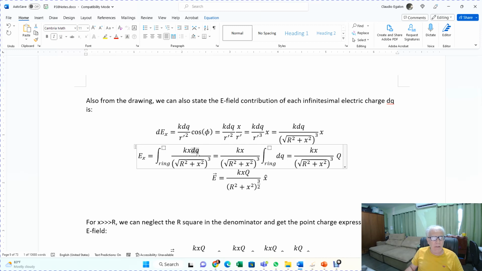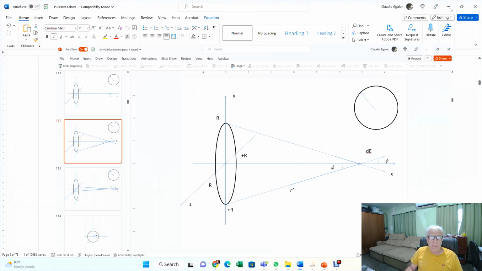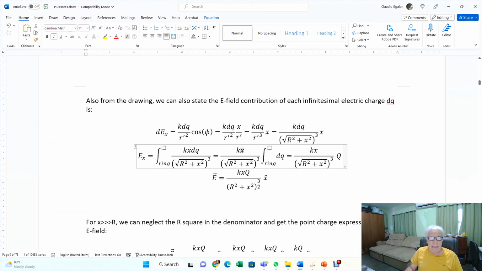So mathematically speaking, this is a simple problem to solve. x remains constant. You don't treat the x as a variable, because we are integrating here in the ring. The distance x to the center remains the same, and what we are integrating is over this ring right here. That's why the x can be taken out of the integral.